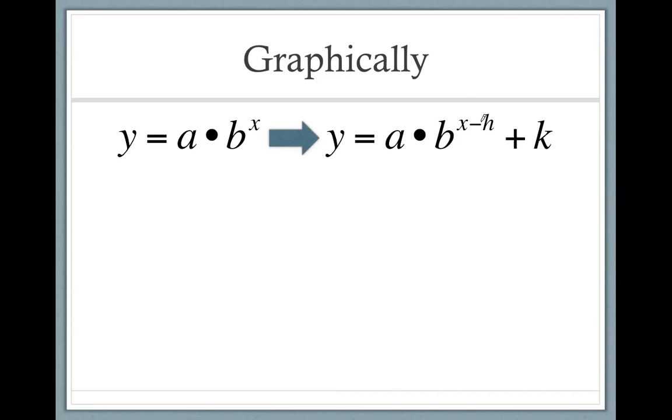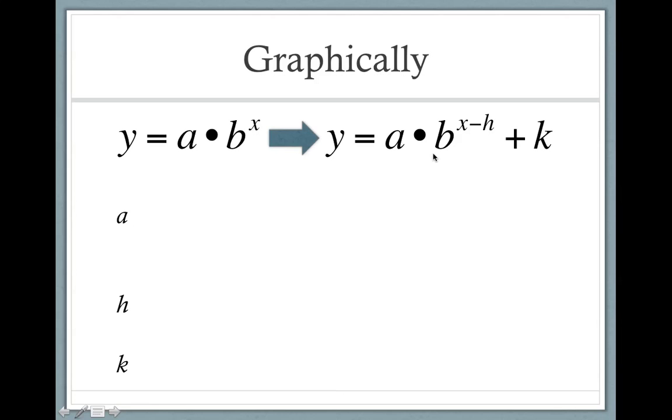So that minus h is up here with the x in the exponent spot. We can also add k on to the end of a function, so that's what this is. And then we've still got our multiplying by a here out in front. A, h, and k will have the same effects on our graphs as it has had in the past. So let's review that real quick.